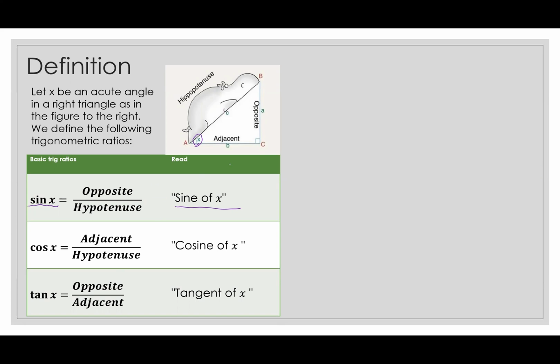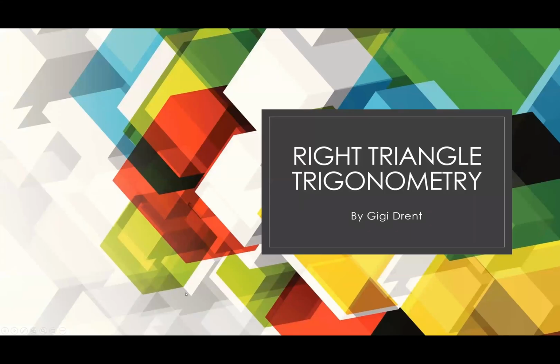Again, in this case, it would be B over C, but we're not going to remember that. We want to just say adjacent over hypotenuse, and tangent is opposite over adjacent. In this case, it would be A over B, but again, we're not going to remember that. We would say just opposite over adjacent for tangent.